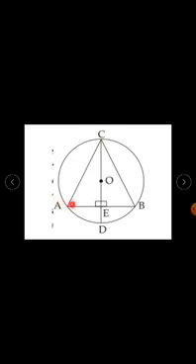Therefore, triangle AEC is congruent to triangle BEC by SAS test of congruency. And if two triangles are congruent, their corresponding sides are congruent. Therefore, side AC is congruent to side BC. Therefore, triangle ABC is an isosceles triangle by definition.